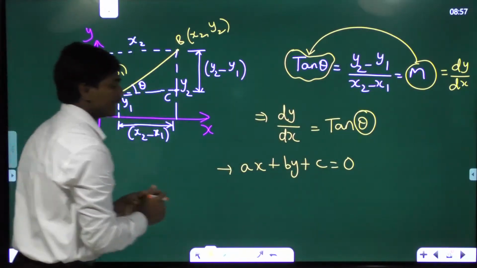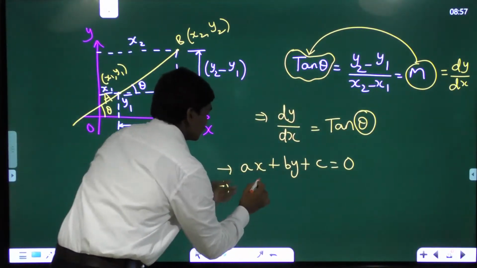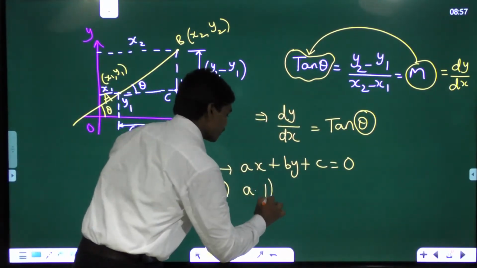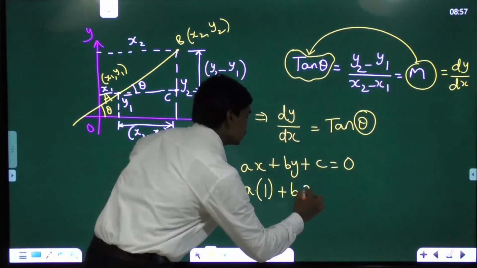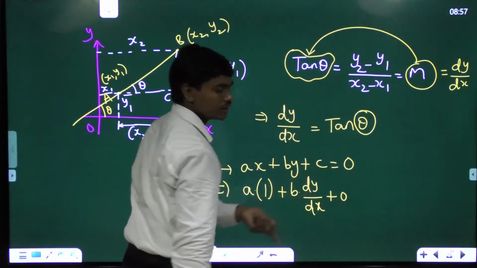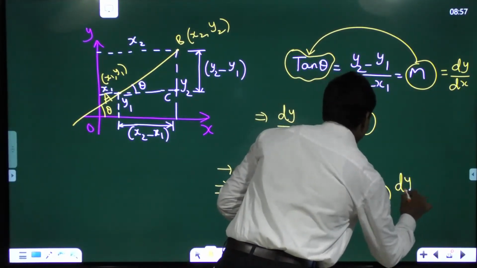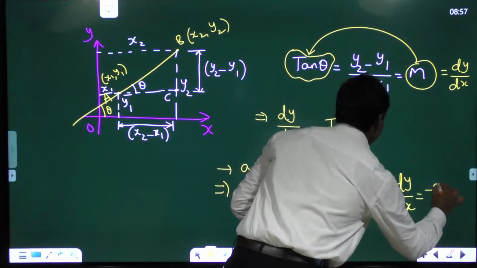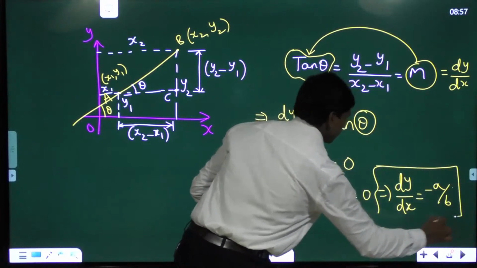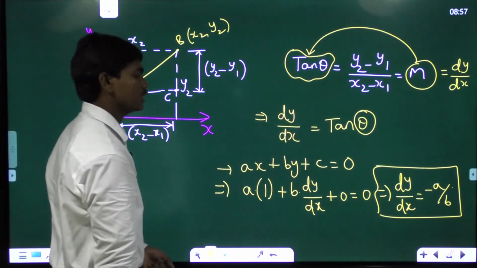Now, if you differentiate this equation with respect to x, the derivative of ax, a is a constant, and the derivative of x with respect to x is 1, plus b is again a constant into dy by dx plus 0, because differentiation of a constant is always 0, is equal to 0. So this implies dy by dx is equal to minus a by b, which is the slope of this line, but not minus b by a. Okay, so please take care of this.